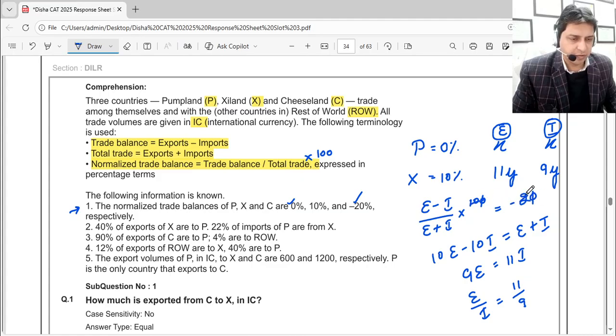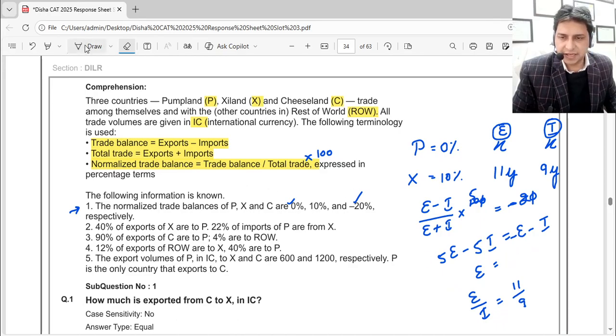I'm going to get 5E minus 5I equal to minus E minus I. Bringing them to the left side, we get 5E plus E, that is 6E, and minus 5I goes to the right hand side, we get 4I.